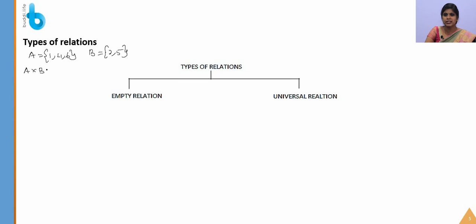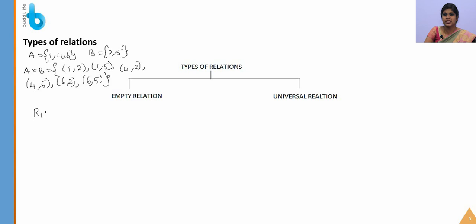Let me write the Cartesian product first. So (1, 2), (1, 5), then (4, 2), then (4, 5), then we'll have (6, 2) and (6, 5).